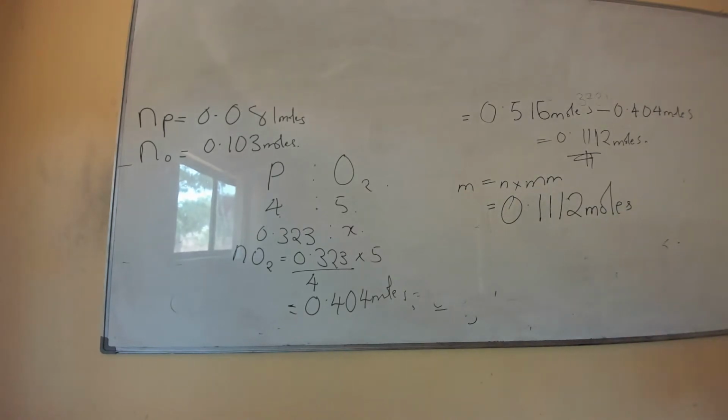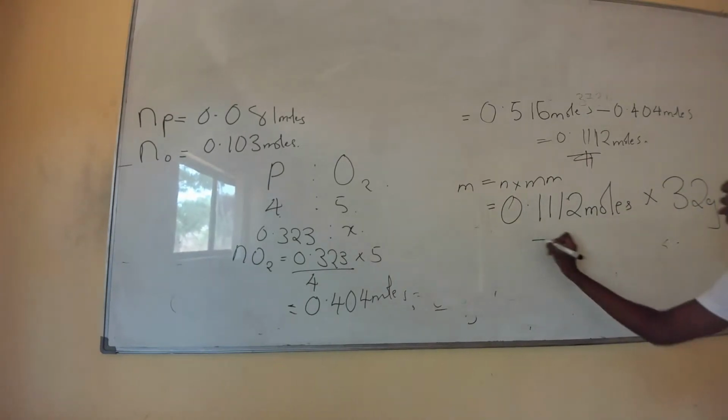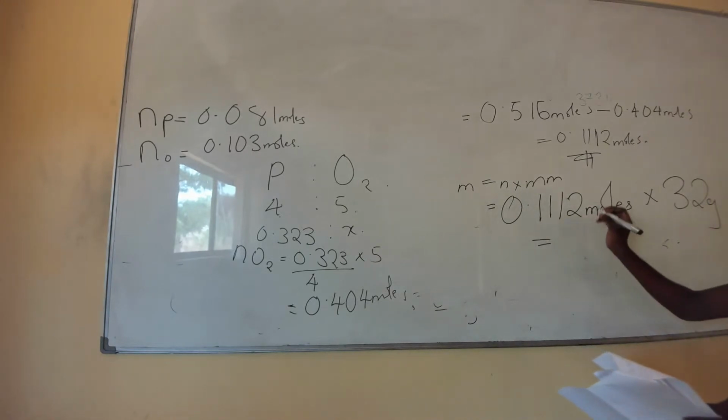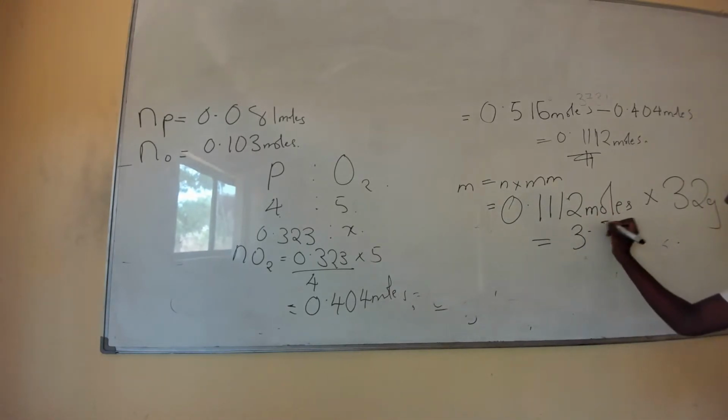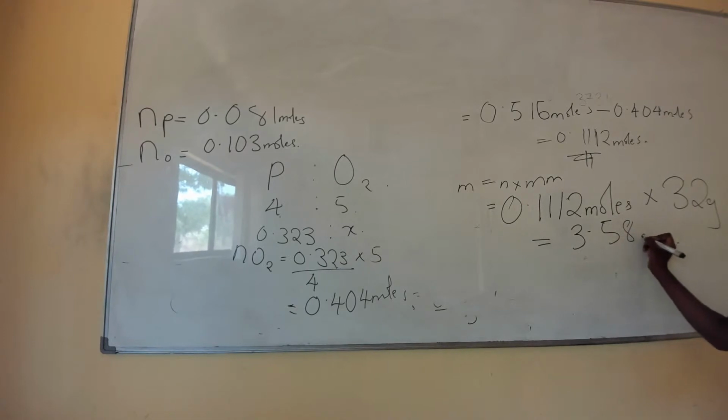Then the molar mass of oxygen is 16 multiplied by 2, which will give us 32 grams. Then we're going to have 3.58 grams. So that was what we were supposed to do.